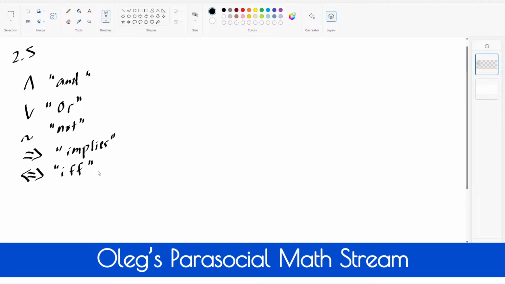For example, suppose we want to convey that one or the other of P and Q is true, but they are not both true. No single symbol expresses this, but we could combine them. So we're saying P or Q and not (P and Q), which literally means P or Q is true, and it is not the case that both P and Q are true.